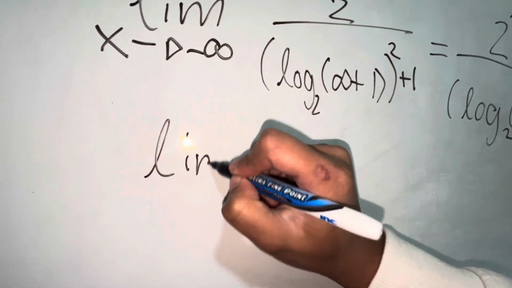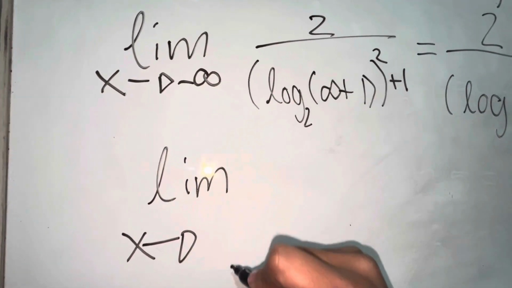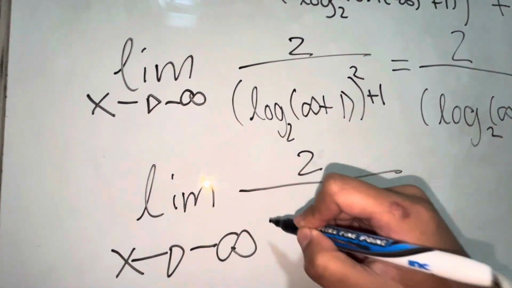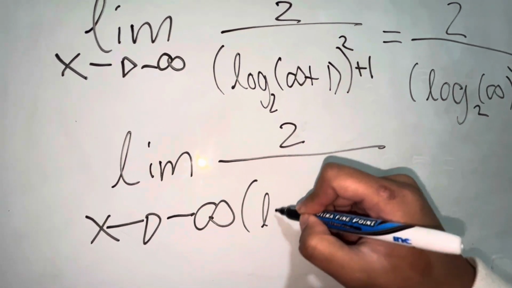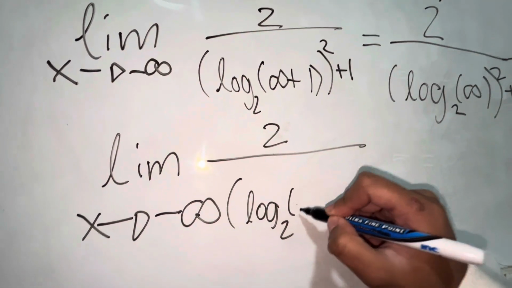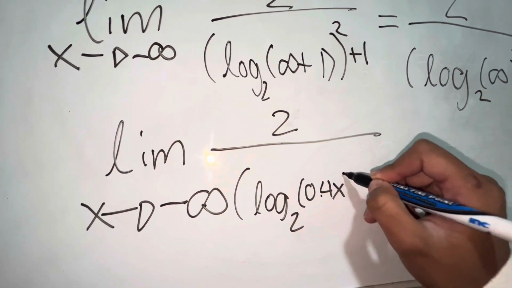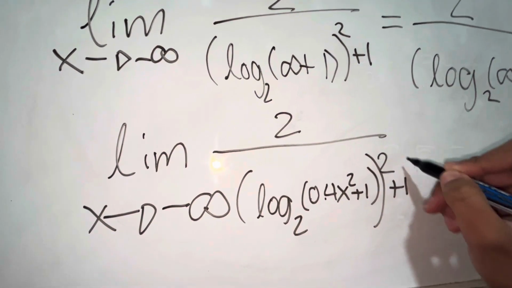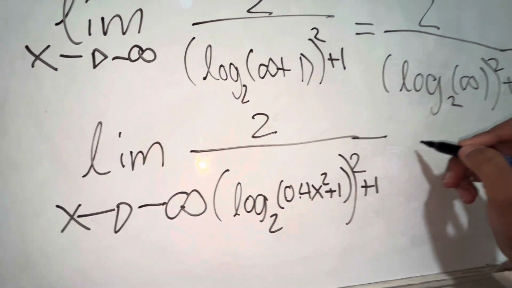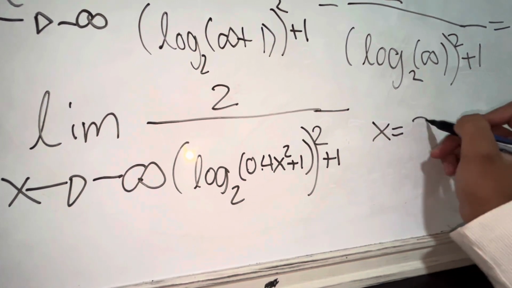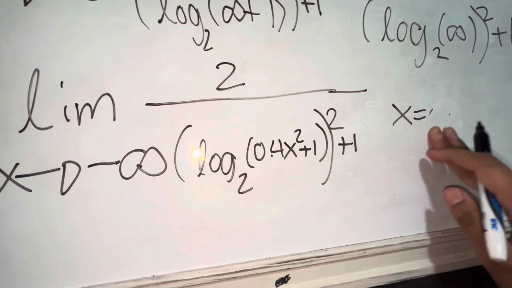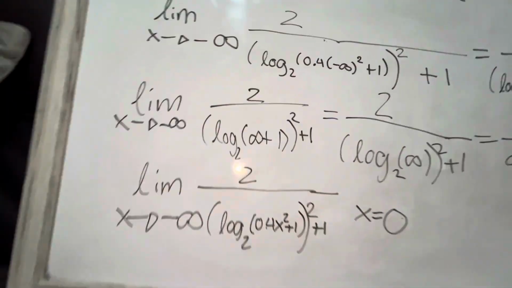So you would write out that as the inputs of x decreases without bound of 2 over log base 2 of 0.4x squared plus 1, all of that squared plus 1, as x goes to negative infinity equals 0.